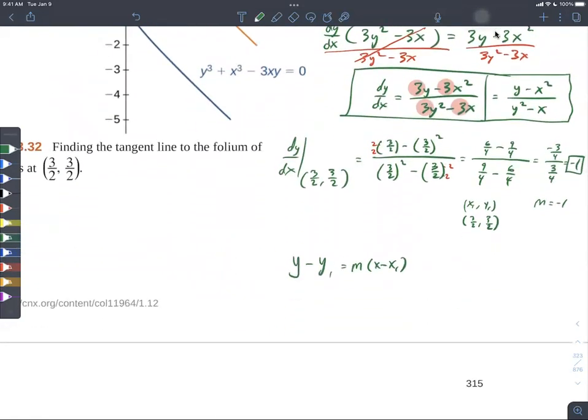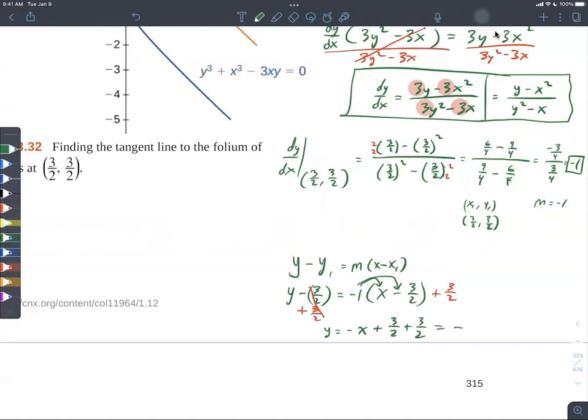And just plug in y minus 3/2 equals m, -1, times x minus 3/2. So what do we get here? Let's go ahead and add 3/2 to both sides. And we have our answer of y equals -x plus 3/2 plus 3/2.